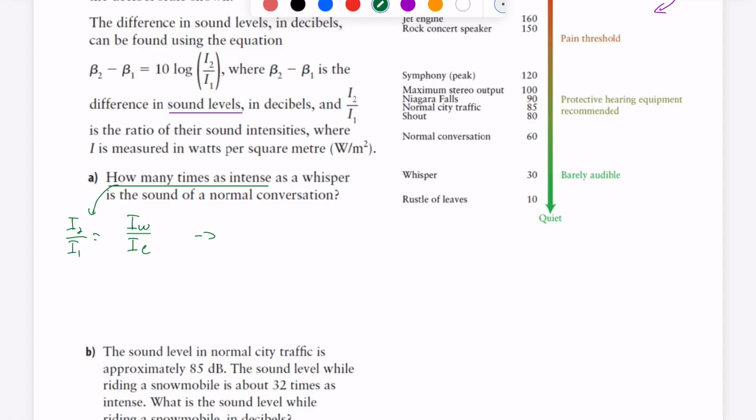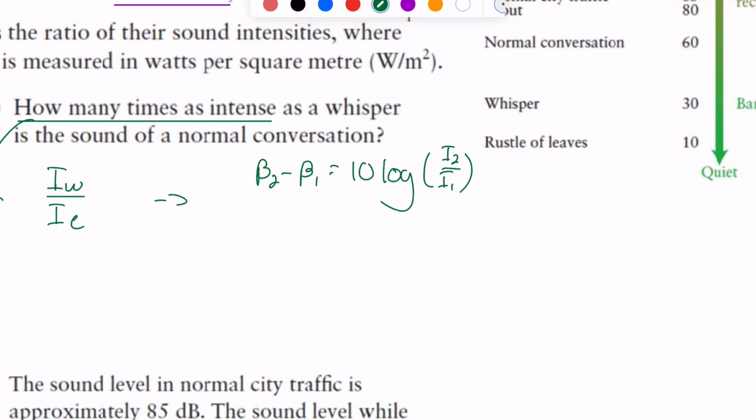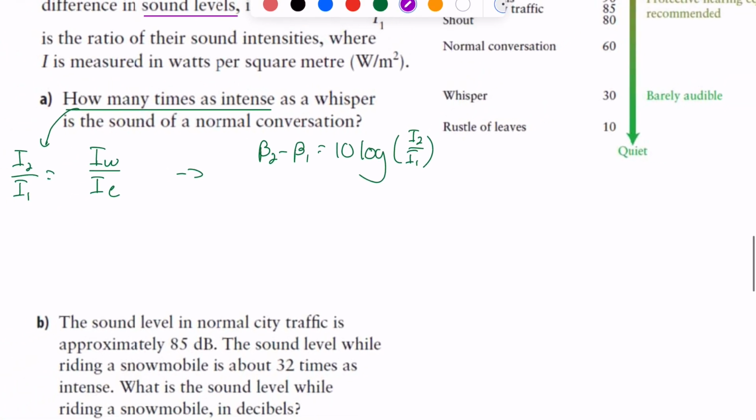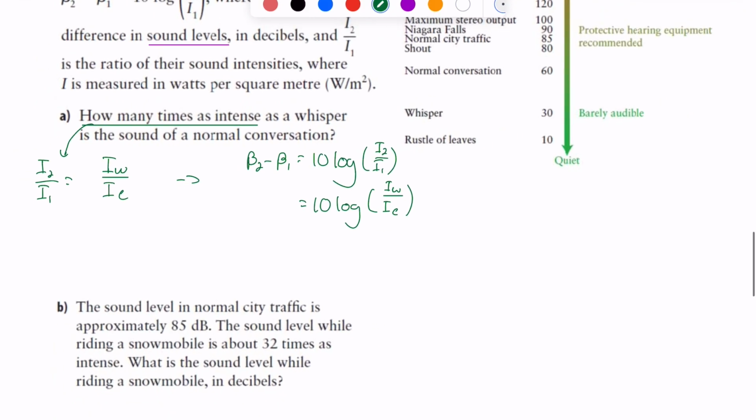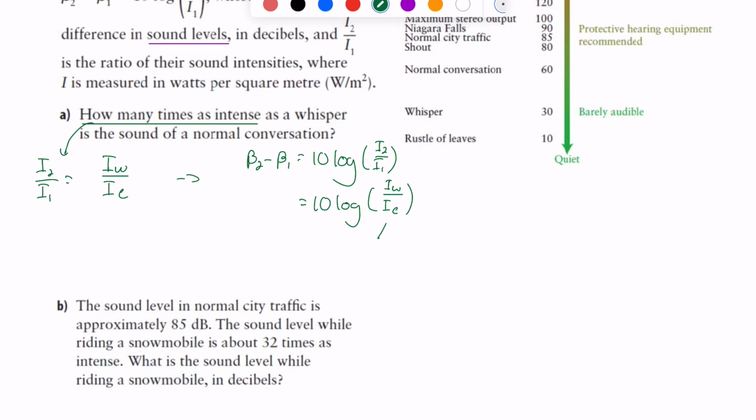Let's apply the formula. The formula says B2 take away B1 is equal to 10 log of the intensities I2 over I1. Well, in this case, the whisper is I2, and this is conversation. So we need to know the sound level of the whisper and conversation.